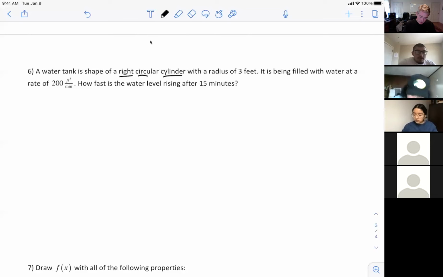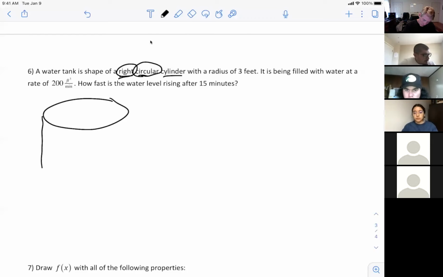With this being circular, you're putting circles on top of circles, like a stack of quarters. And right means that it's standing upright, so it's not at an angle, but perpendicular to the ground. So it basically looks like a soup can or a 55-gallon drum, something like that.